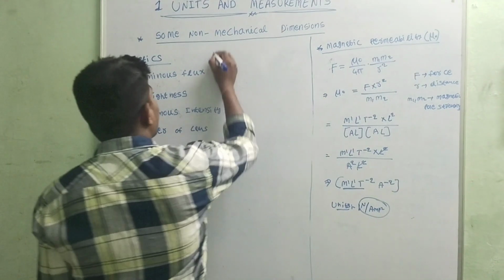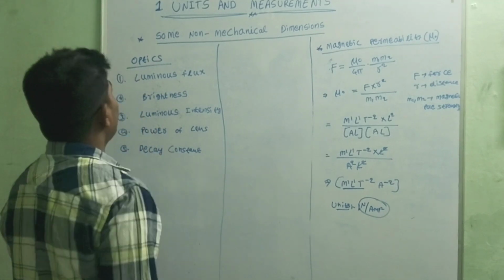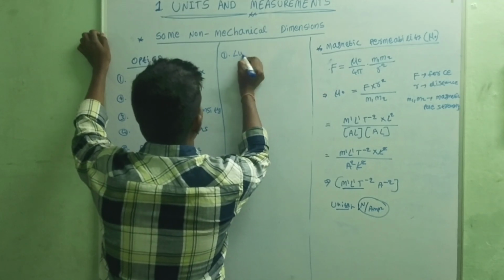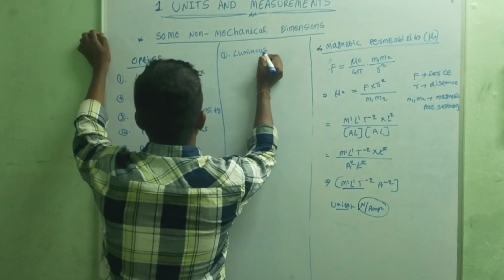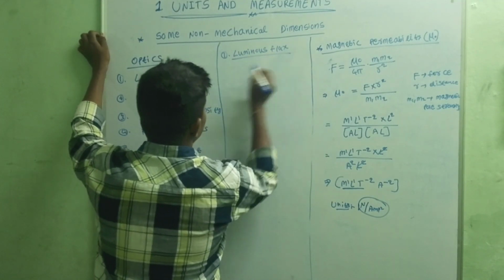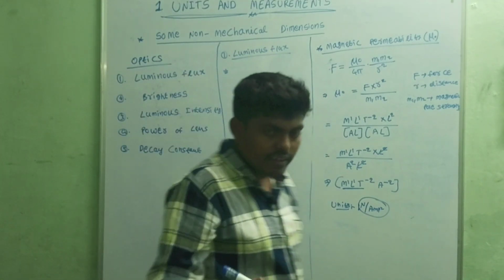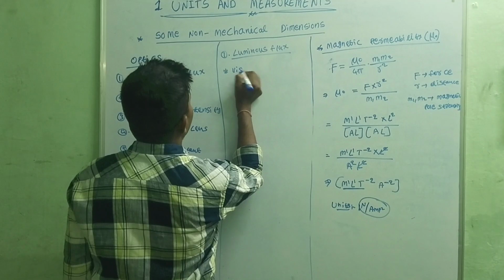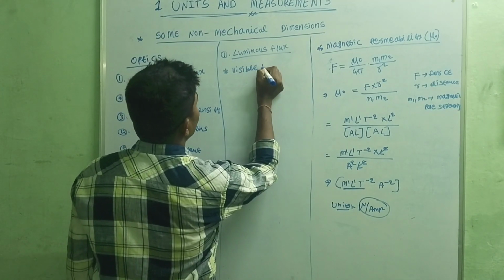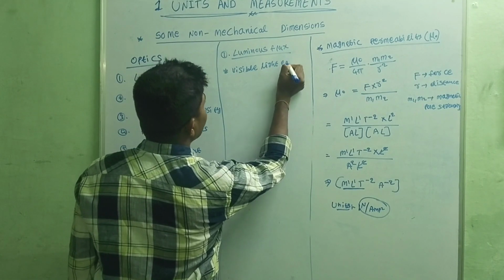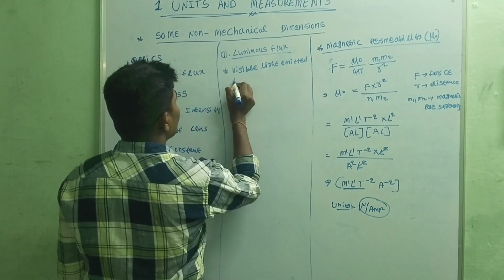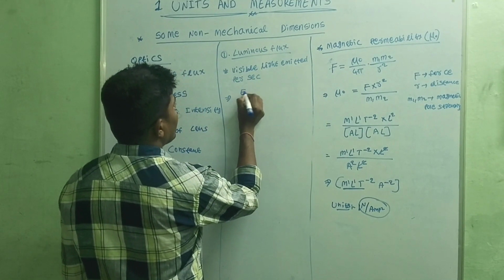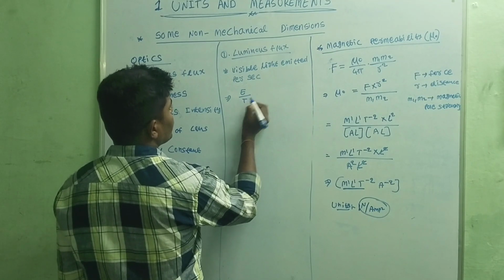First of all, the dimensions of luminous flux. It means the visible light emitted per second is called luminous flux. So that means energy per time.